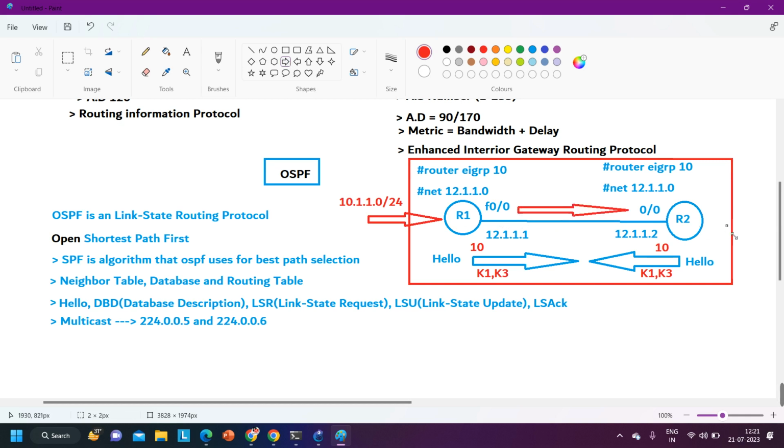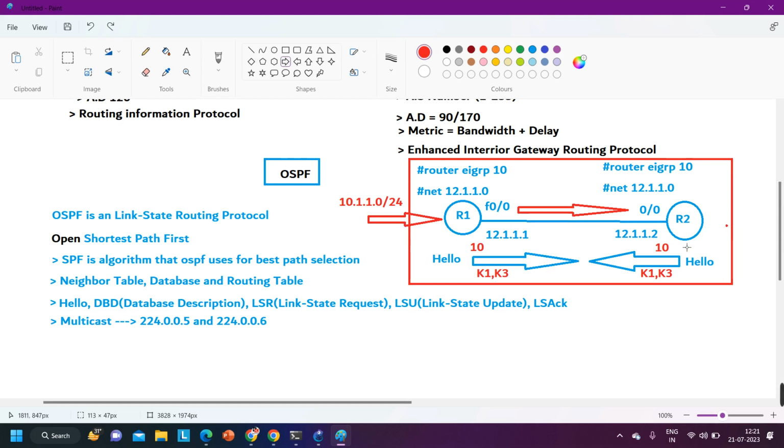But router 2 doesn't know anything about the actual originator of this network. Router 2 will think that this network is connected to router 1. But guys, in reality, maybe this network is not connected to router 1. You know why it's happening, because router 2 doesn't have much information about router 1.